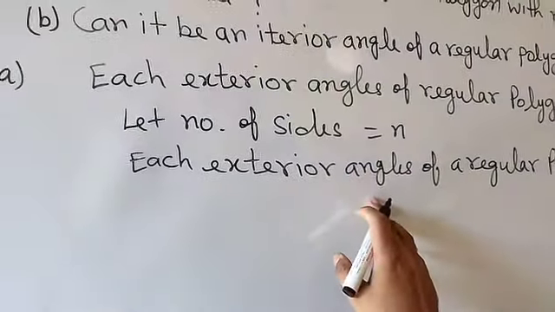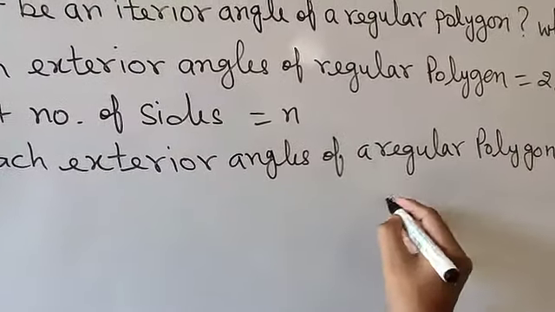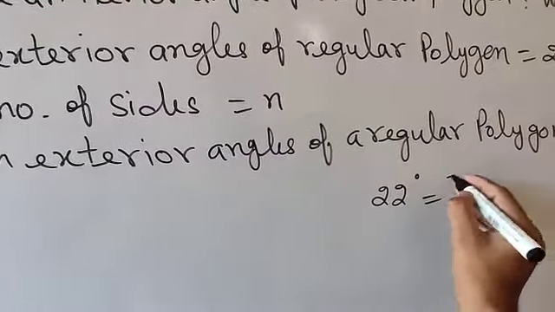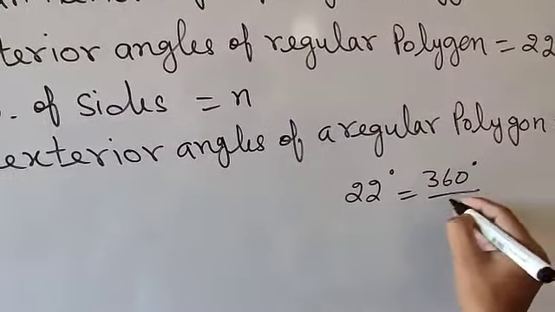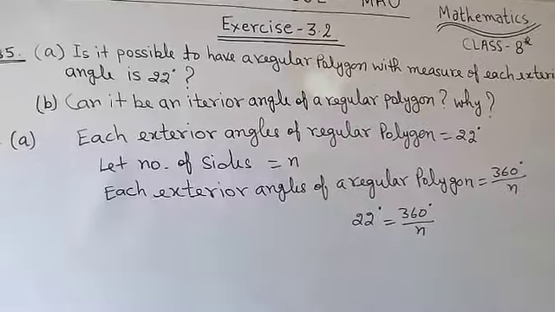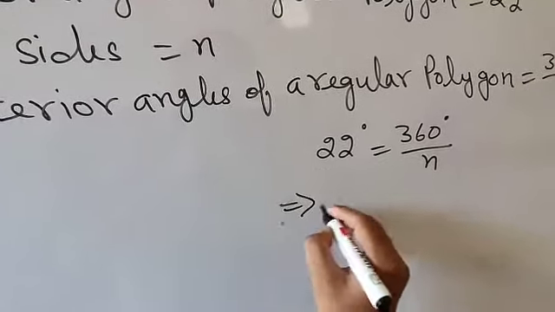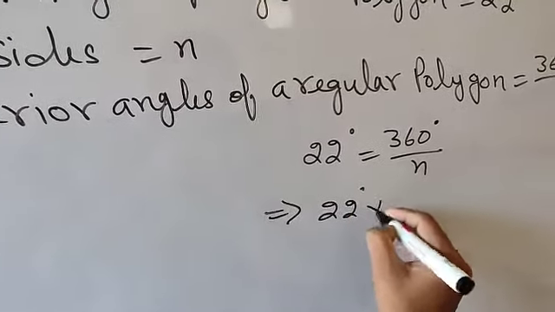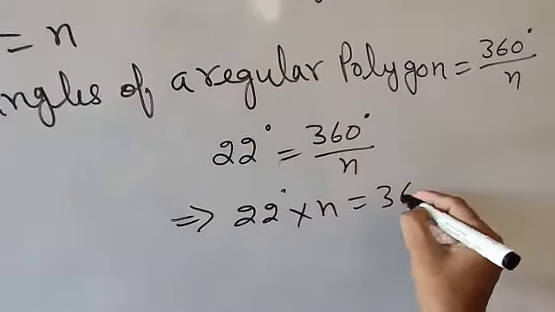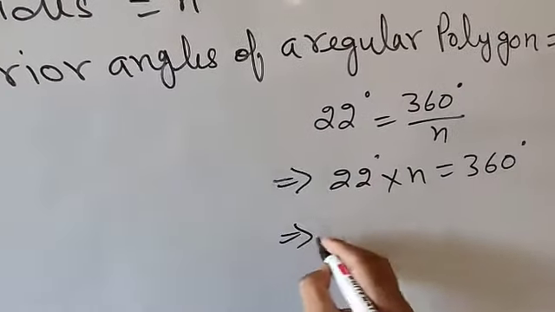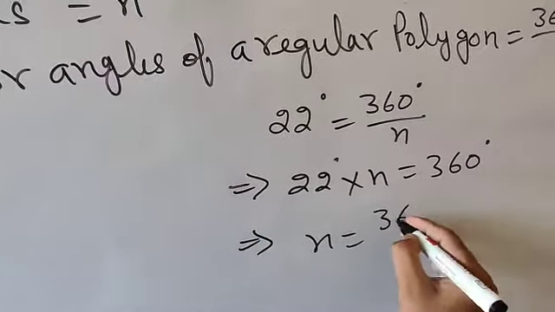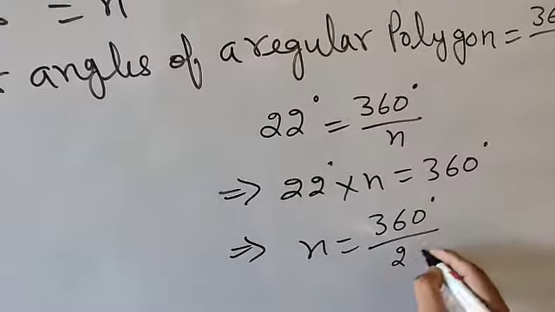Here each exterior angle is given, that is 22 degrees. So 22 degrees equals 360 degrees upon n. So go for cross multiplication. So it will be 22 degrees into n equals 360 degrees. Here it shows that n equals 360 degrees upon 22 degrees.